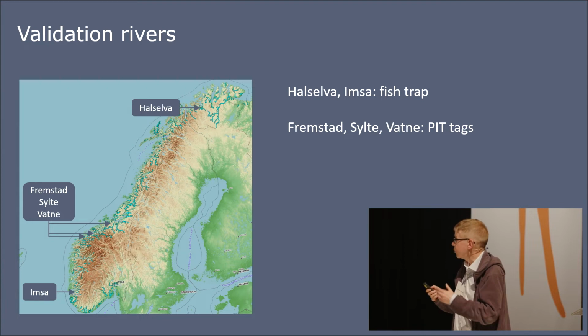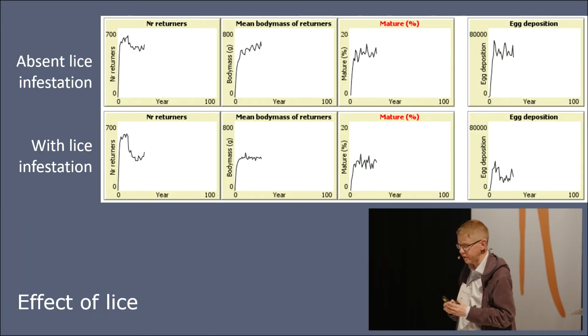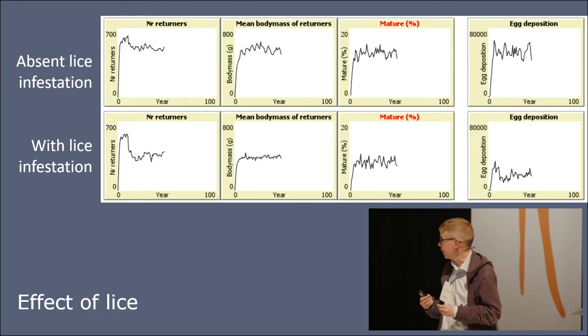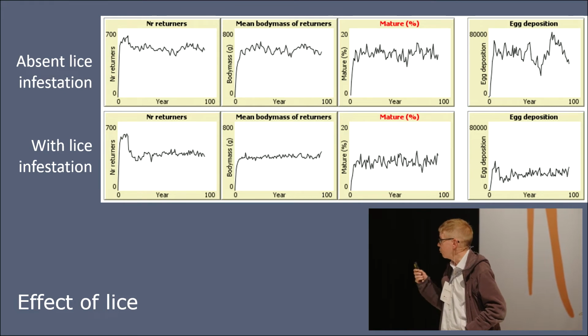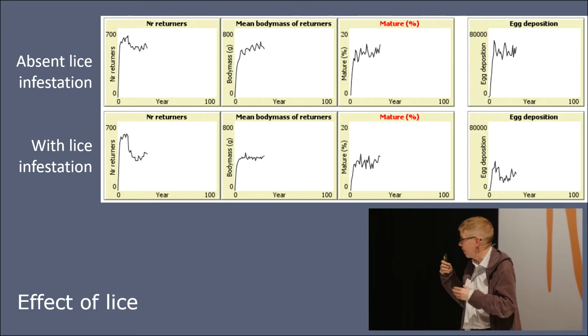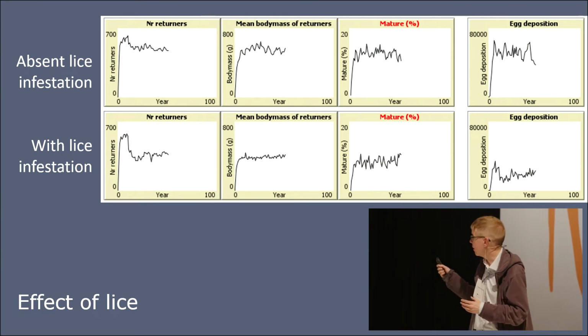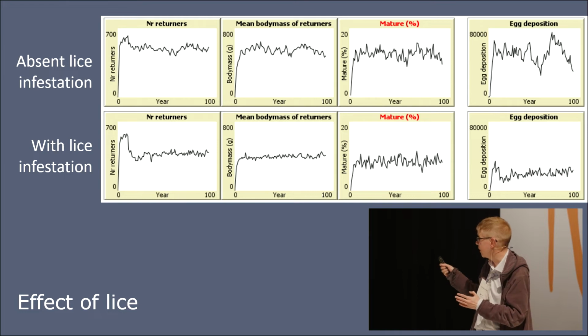So just to show some of the type of results that you can get with this modeling, this is showing how traits depend upon lice infestation. The upper panel shows modeling without lice infestation, the lower with lice infestation.